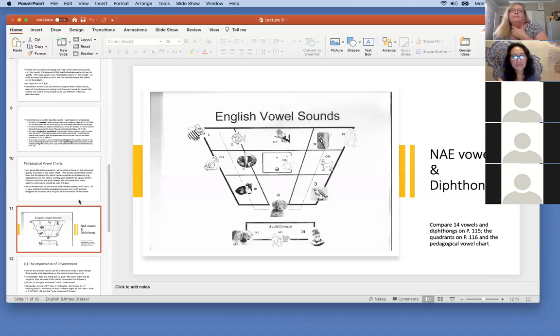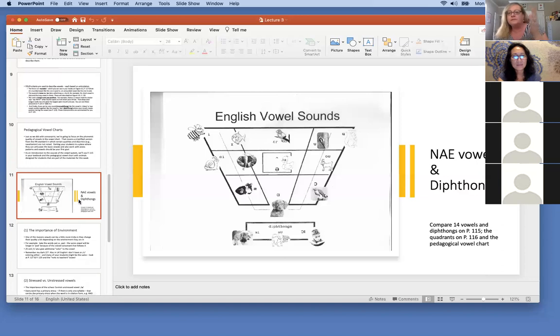Obviously, the sound system is part of the systems of English altogether, but I want to be clear that we're focusing here on the pedagogical aspects of the sound system. So we are airbrushing some things, and I think that's important, because one of the reasons teachers don't like this is it strikes them as incredibly complicated, and they're not even sure how they explain it to themselves, let alone to somebody else.